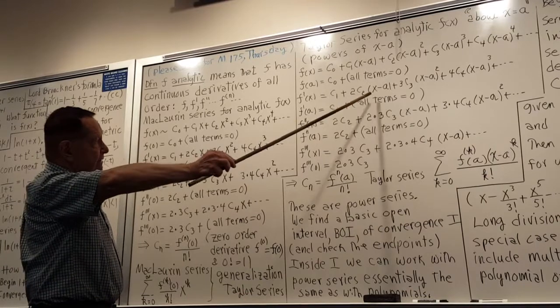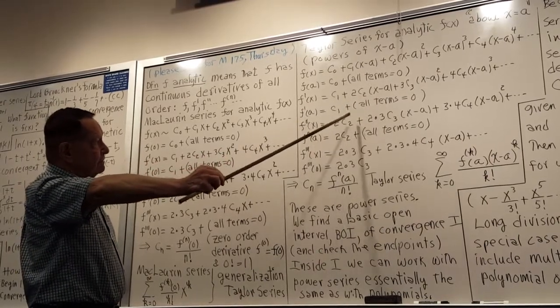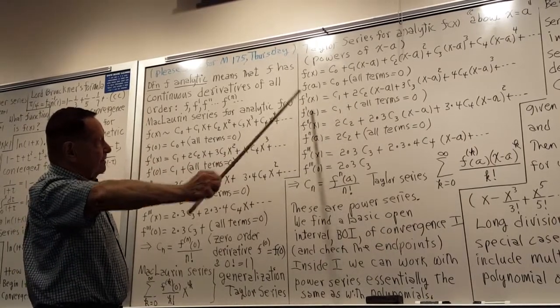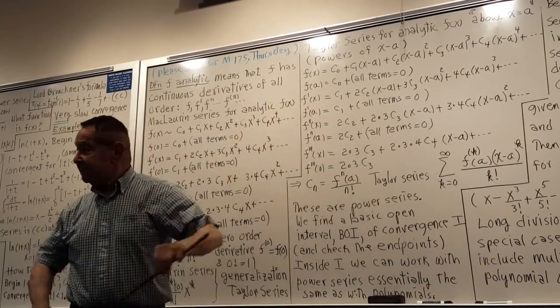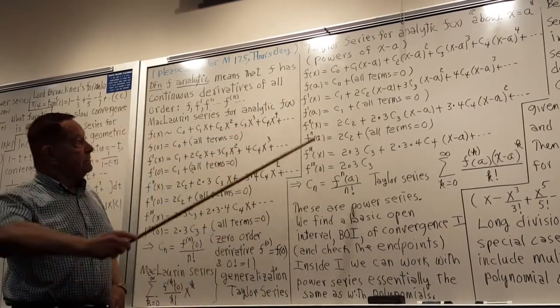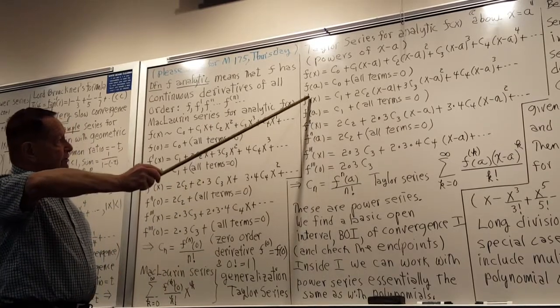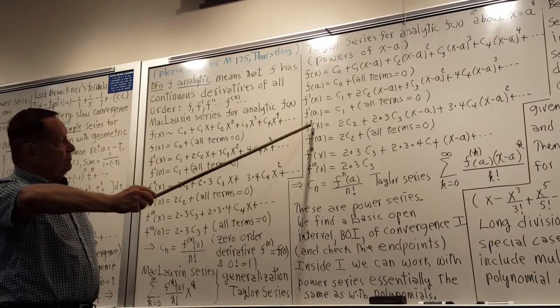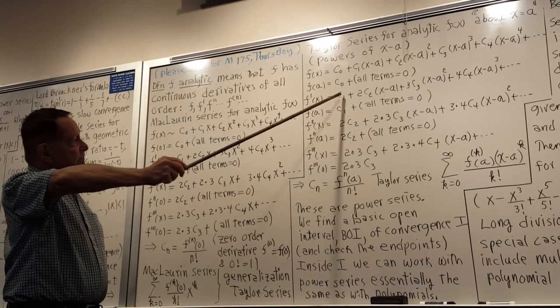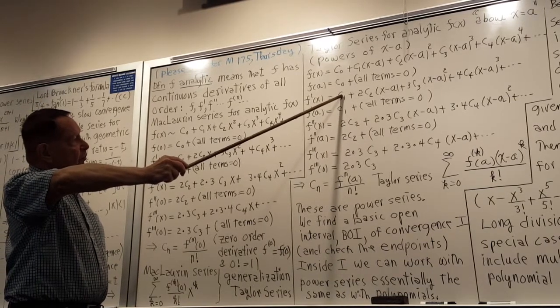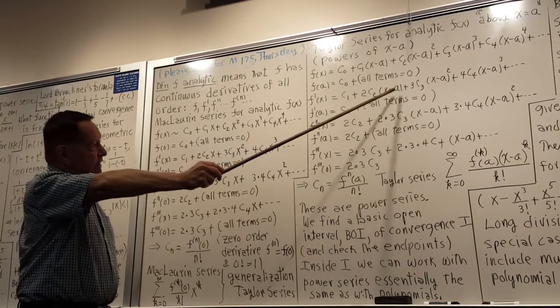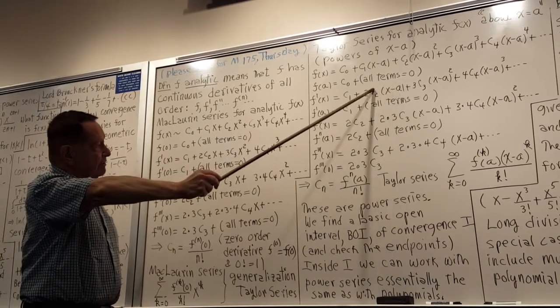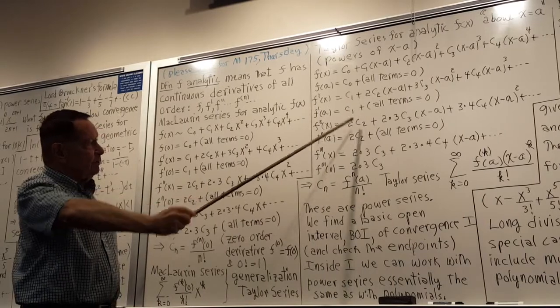And again, for C2, take the derivative of this line, and so you'll have f double prime. You'll have the derivative of C1, whatever it was, is gone. Then the derivative here will just give you the 2C2.